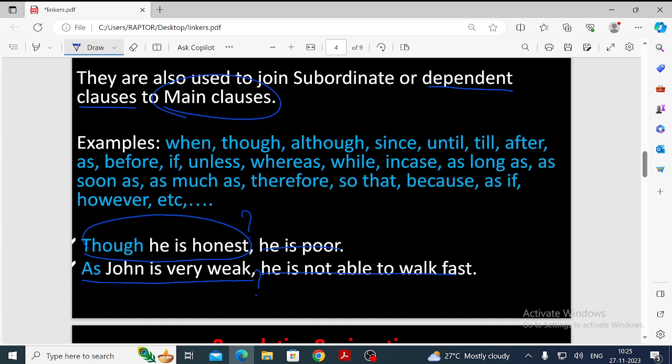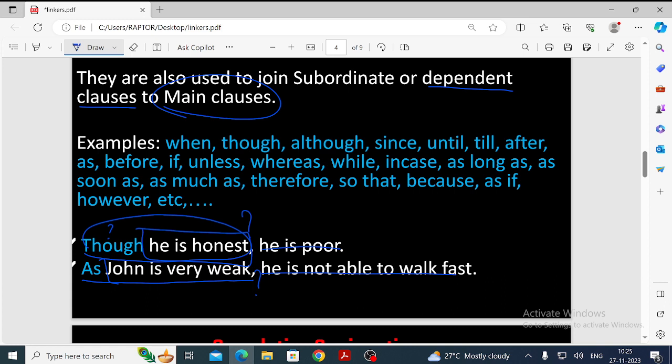But 'he was honest' is a complete sentence. 'John is very weak' is a complete sentence. It gives a meaning, right? Say yes or no. But when we add this subordinate conjunction, like 'though he is honest', what happened to him? 'As John is very weak', what happened to him? So it is not an independent sentence.